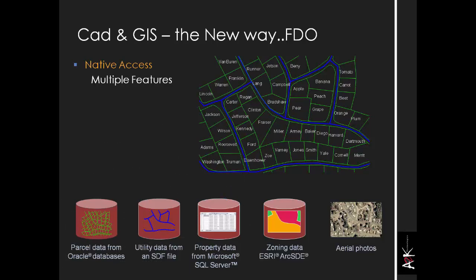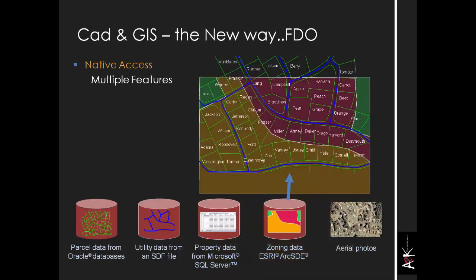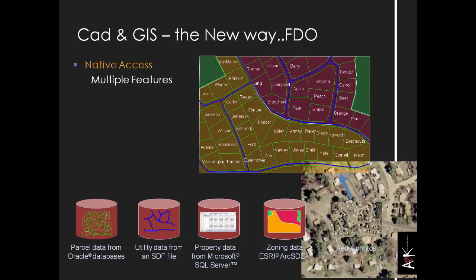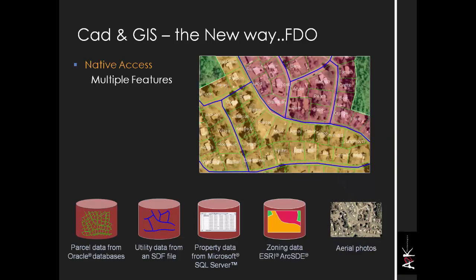And the zoning designations, in this case, they're storing it on an Esri ArcSDE database, which adds in here. And then the aerial photo at the end of it is just stored on a different server. That comes over the top. So what we built here is a complete map based on several different data sources. And I think your screens should have caught up by now.